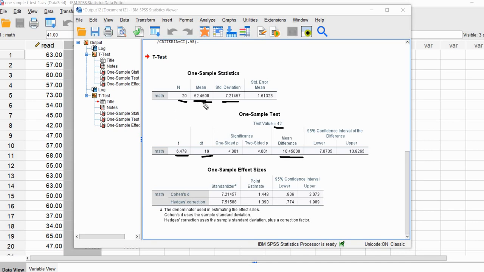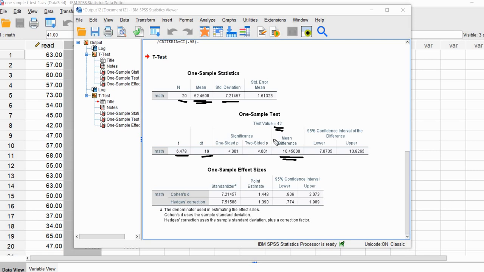So you can see that our sample mean is greater than 42. Right off the bat, because this value is positive and consistent with our alternative or research hypothesis, that's one bit of information we're going to consult when determining whether we would reject or maintain the null hypothesis.